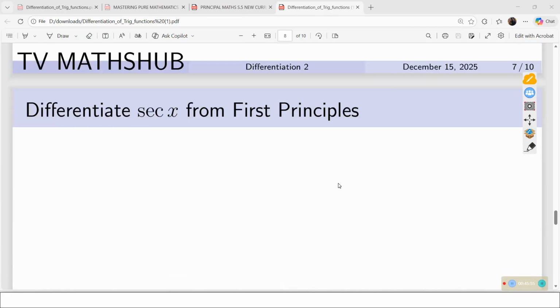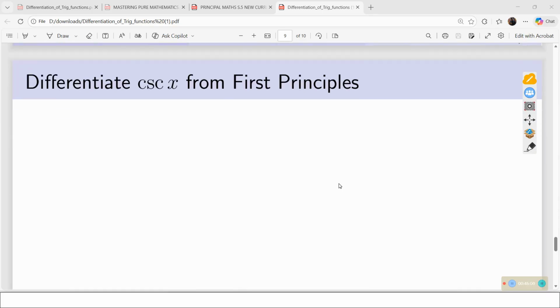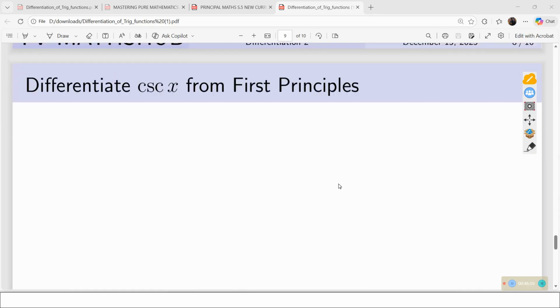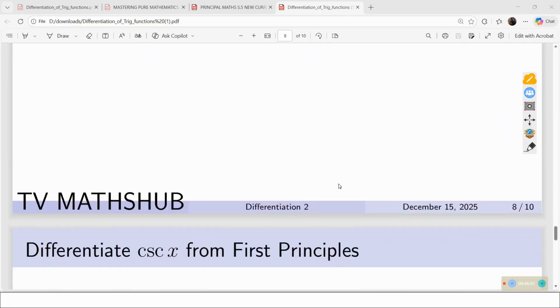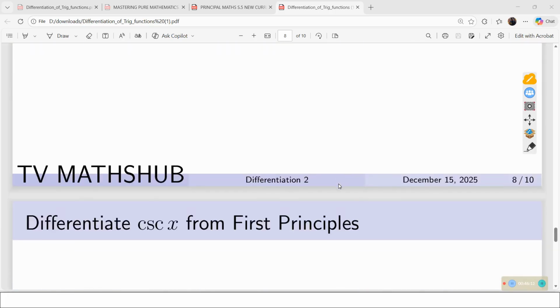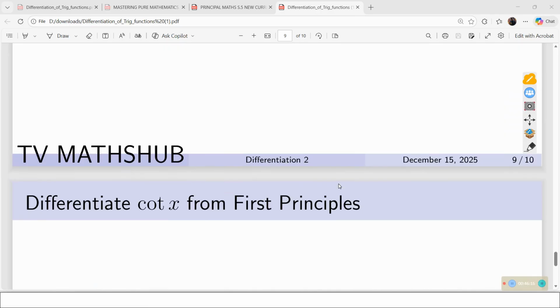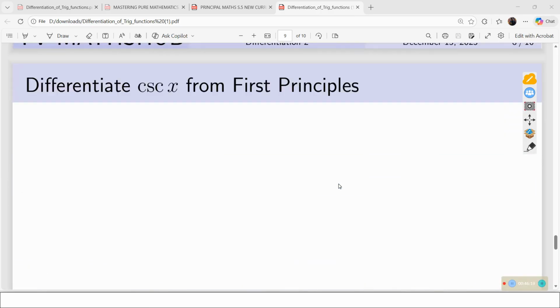Let us differentiate cosec of x, and you will try sec of x. We still have sec of x, cosec of x and cot of x. So I will try one more, that is cosec of x.